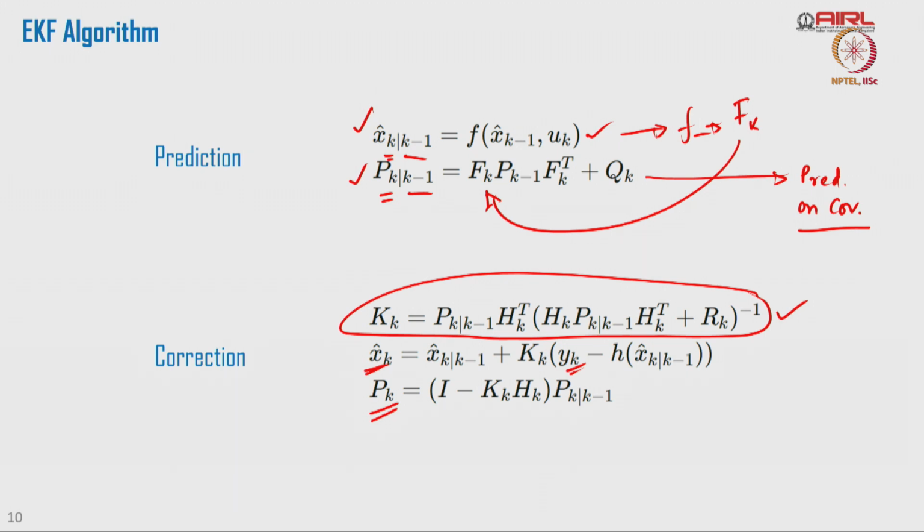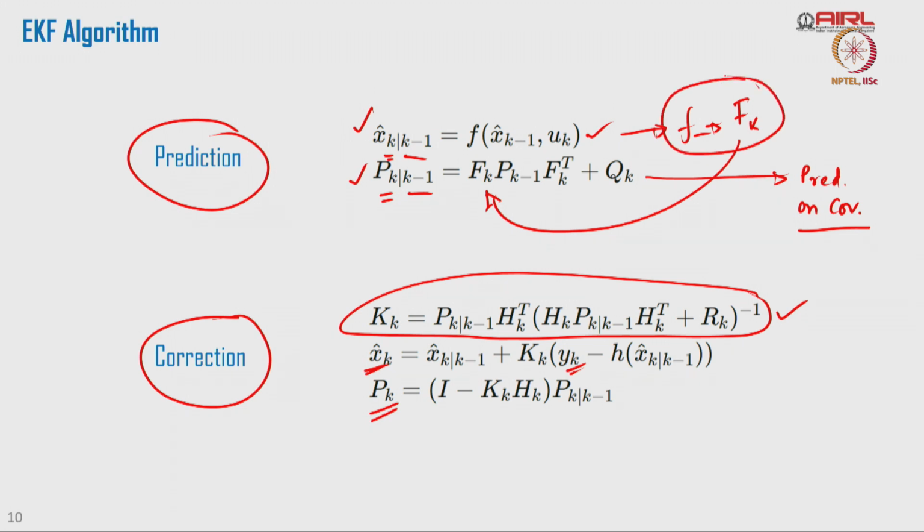We can see that it uses the same prediction step and correction step. The steps also look similar, but there is one hidden thing which happens inside, that we have to compute the Jacobian matrix. Now, what the Jacobian is doing is that in terms of getting the Jacobian, we linearize the system, then a standard Kalman filter also can be used.